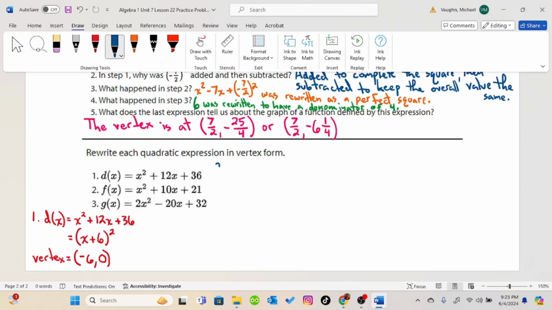Number 2, we have f of x equals x squared plus 10x plus 21.